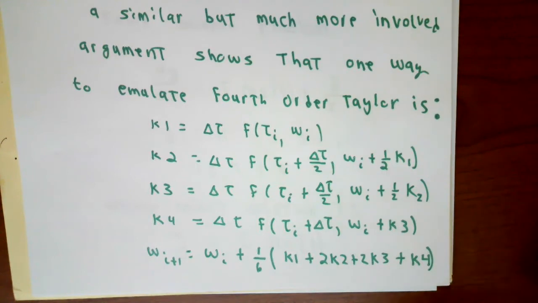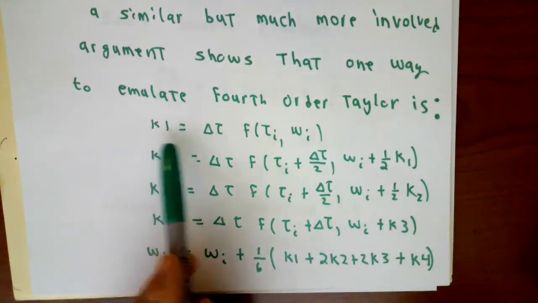If you were to figure out the fourth derivative of y with respect to t, and then use our multivariable expansion again, you would be able to convince yourself that the following algorithm is going to emulate Taylor 4 without ever having to do any fourth derivatives or third or second or even first derivatives.